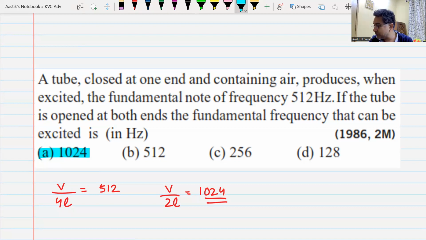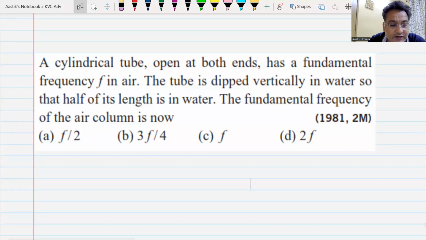Next one, this one. A cylindrical tube open at both ends has a fundamental frequency F in air. Remember, I gave you this as a note. The tube is dipped vertically in water so that half of its length is in water. What is the fundamental frequency of the air column now?